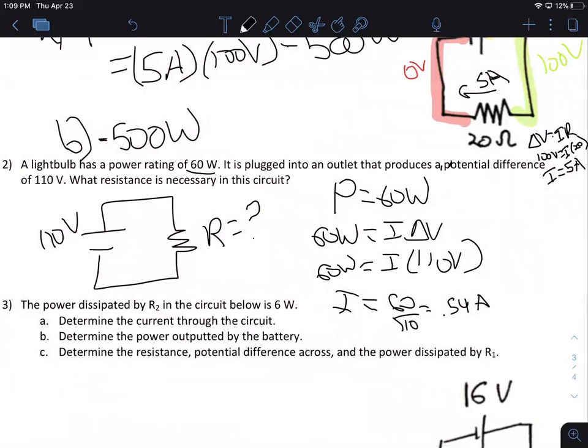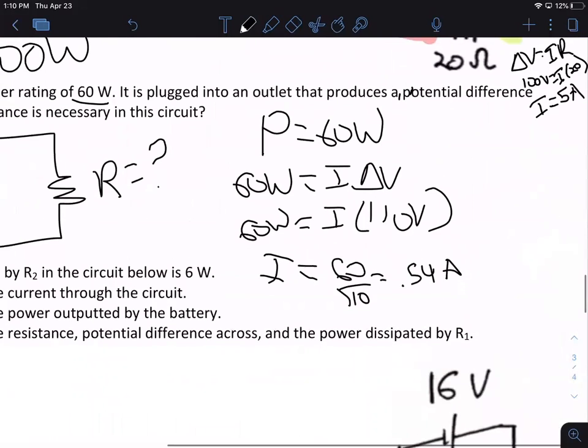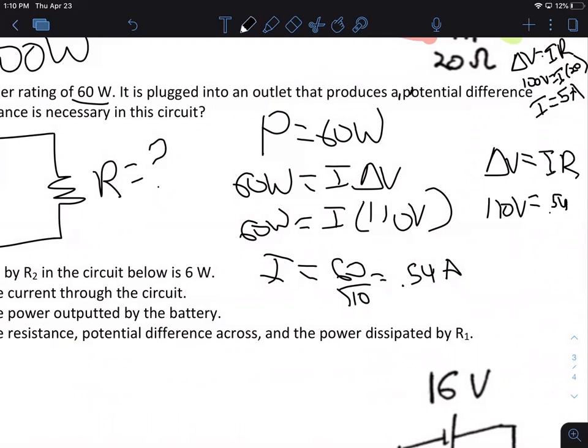Well, now that I know that, I can go back to Ohm's law. Delta V equals IR. 110 volts is what this resistor needs to change the voltage by, equals 0.54 R. So R equals 110 over 0.54.